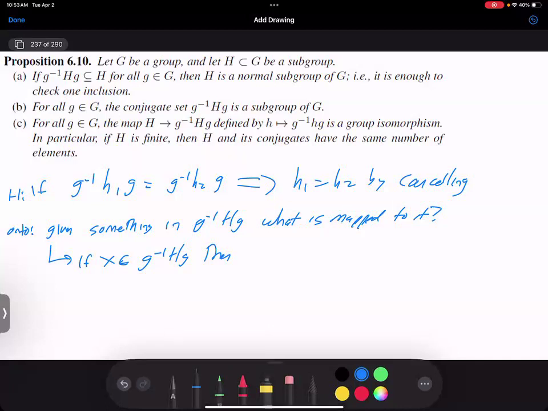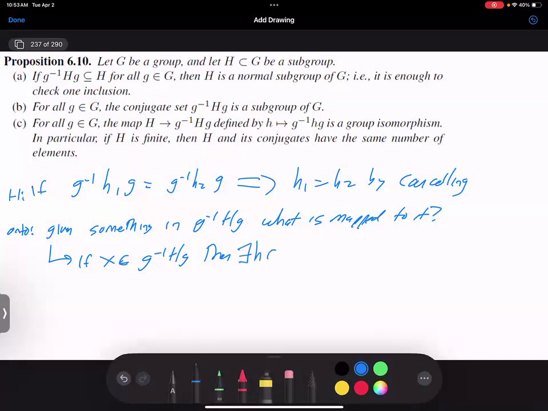Yeah, then there exists a small h in big H such that X is equal to G inverse HG. Can you give me an idea of what we should apply this map to? The map that sends elements in H to conjugating by G, so G inverse on the left, G on the right.